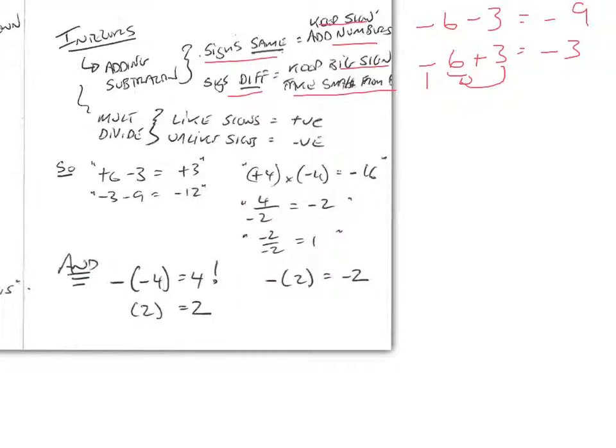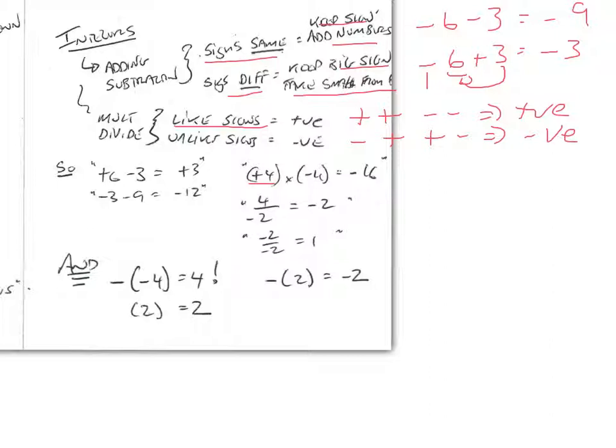Now, when we look at multiplying or dividing integers, then we just look at the signs, and like signs, be they both positive in the numbers we're multiplying or both negative, give a positive sign. Unlike signs, i.e. a negative and a positive, or a positive and a negative, multiplying or dividing give a negative sign. Okay? So let's look at this example here.